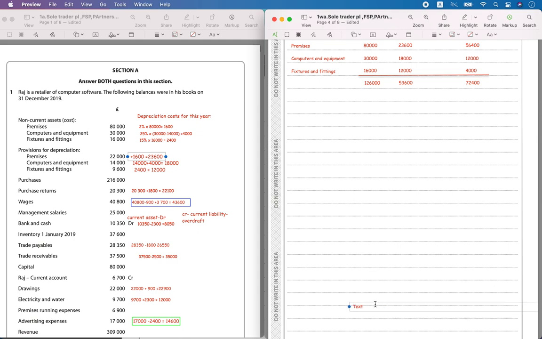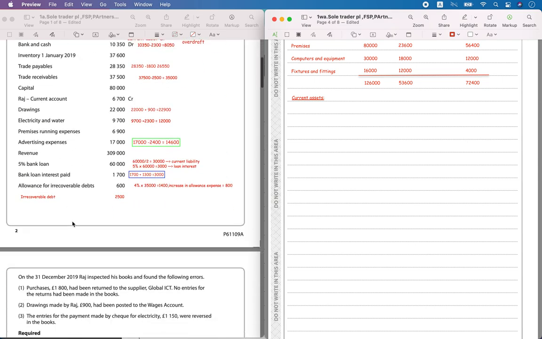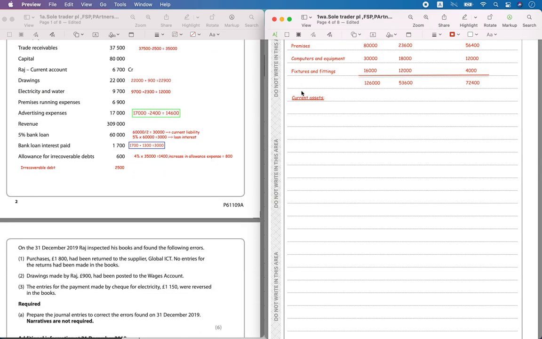Now let's calculate the current assets total. Let's add up all the current assets we have. The current assets include inventory and trade receivables.